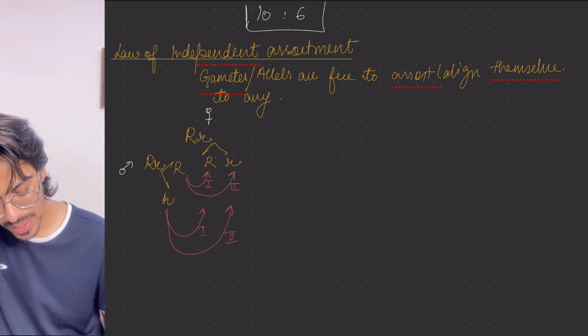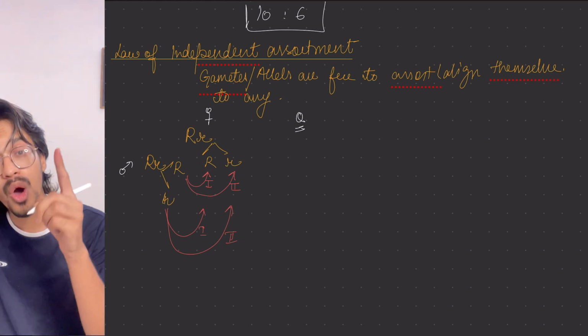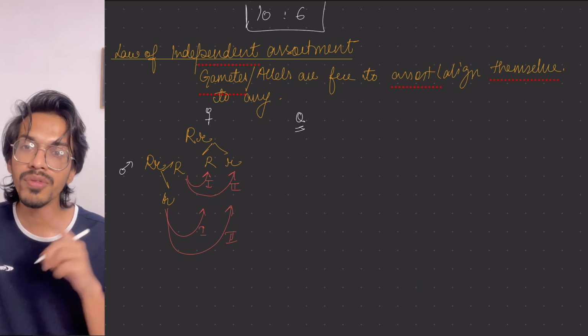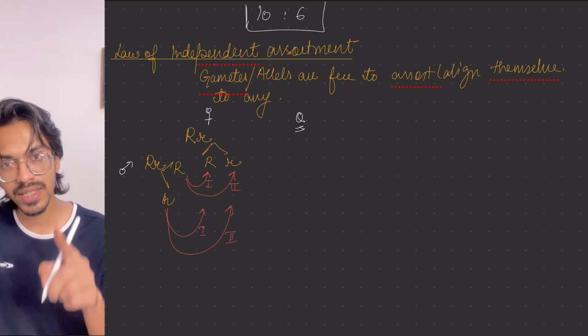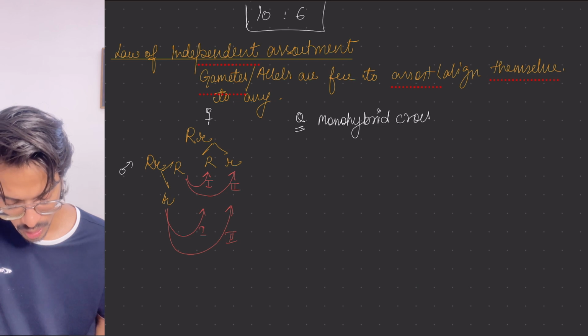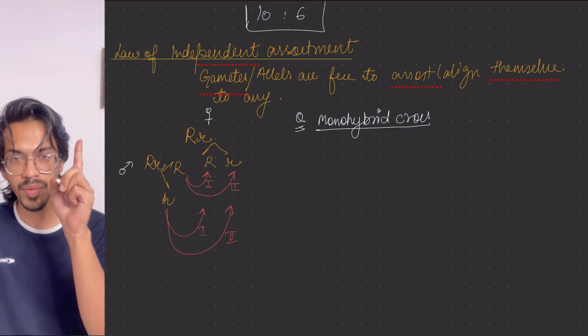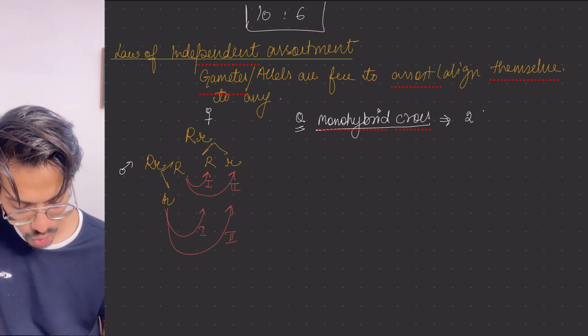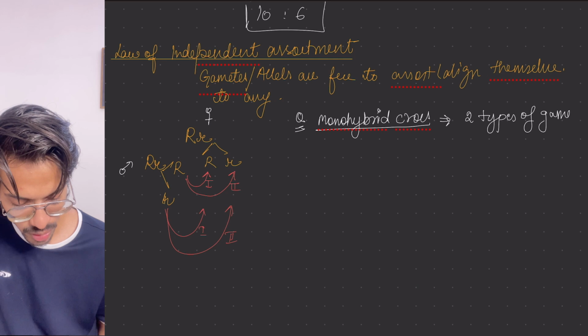Next, if someone asks you how many gametes will be formed from the different types of crosses, for example in the monohybrid cross, we have to just remember one plant. Monohybrid cross will make two types of gametes. How will we know that?